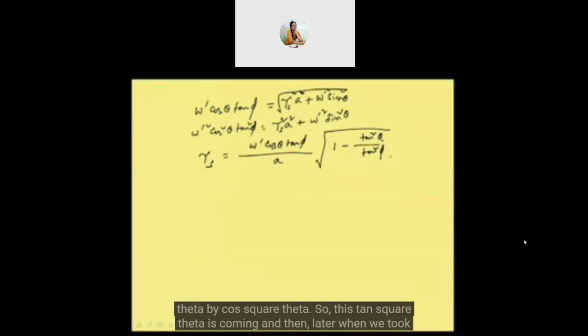Later when we took the root, cos square theta became cos theta, and tan square phi became tan phi. Just one more step we could write in between. So that way we are getting an expression for this tau s, the side tractive force. Let us give the number 1 to this equation.